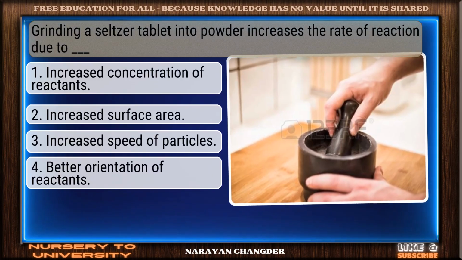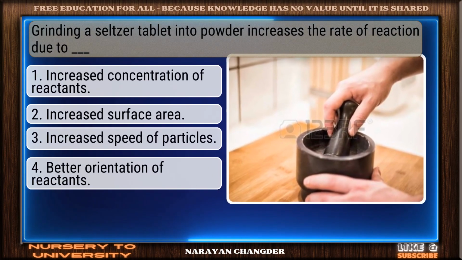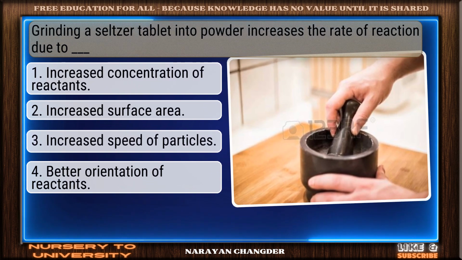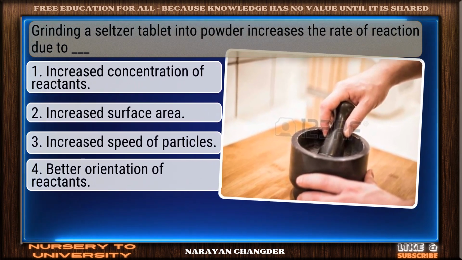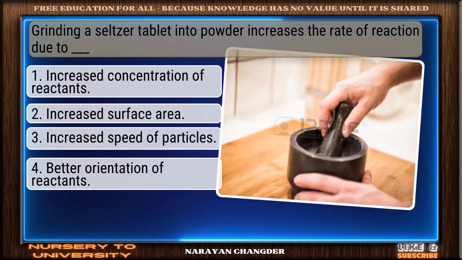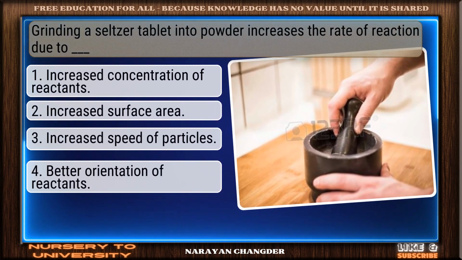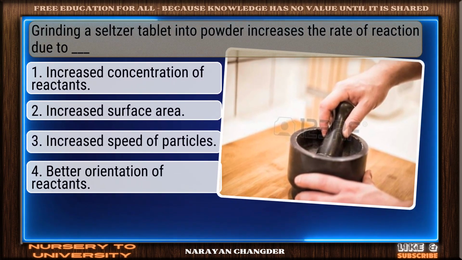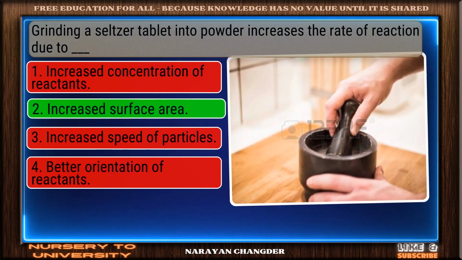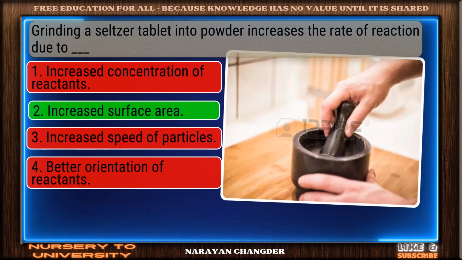Grinding a seltzer tablet into powder increases the rate of reaction due to dash. Option 1, increased concentration of reactants. Option 2, increased surface area. Option 3, increased speed of particles. Option 4, better orientation of reactants. Good job, increased surface area.